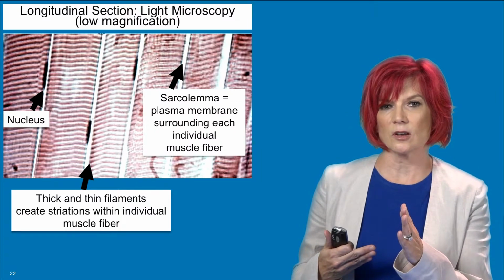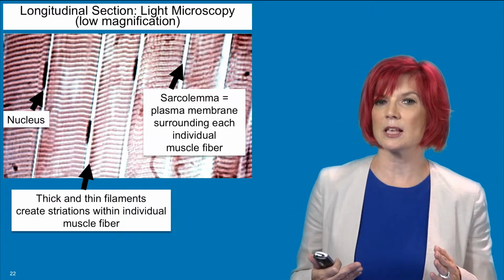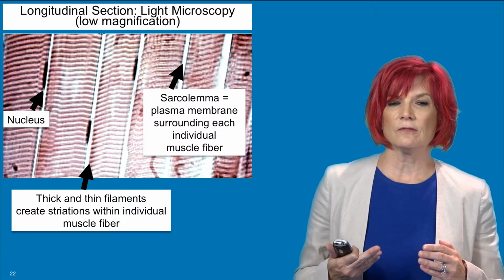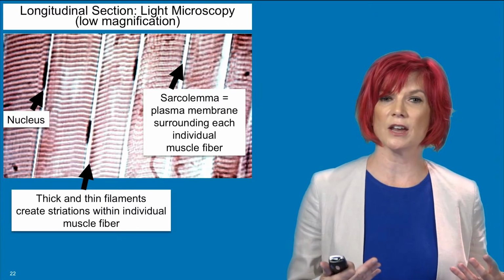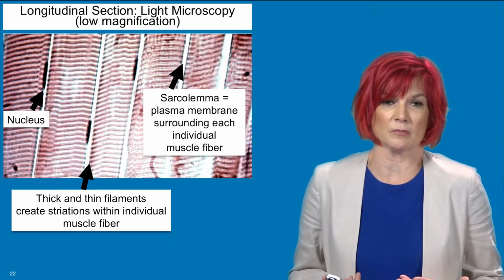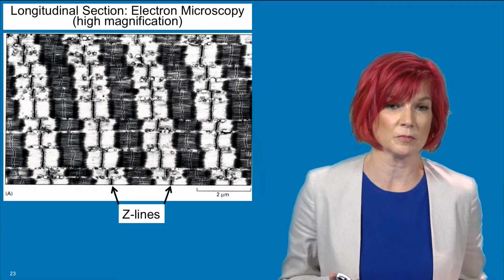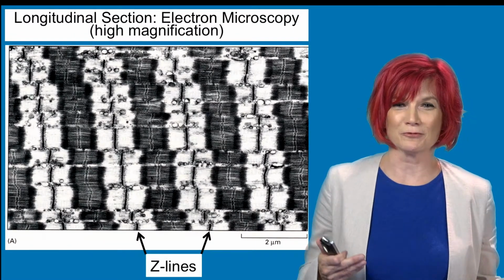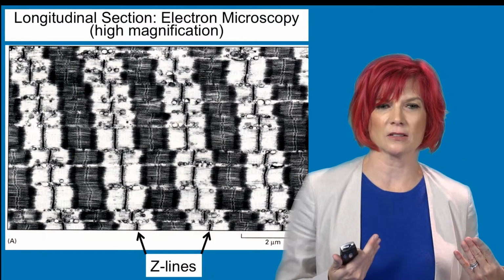Each of these skeletal muscle fibers is surrounded by a plasma membrane. That plasma membrane is called the sarcolemma. The thick and the thin filaments are what create that striated structure that you can see so beautifully by light microscopy. Now, if we take a closer look by electron microscopy, which gives us a higher magnification view, I hope that you can really appreciate this regular ordered structure of skeletal muscle.